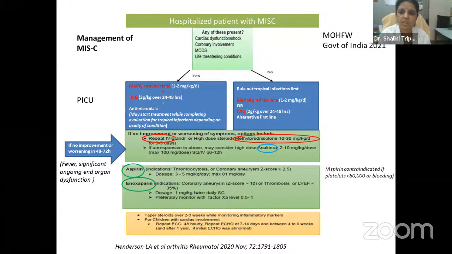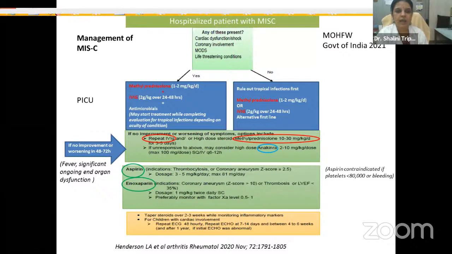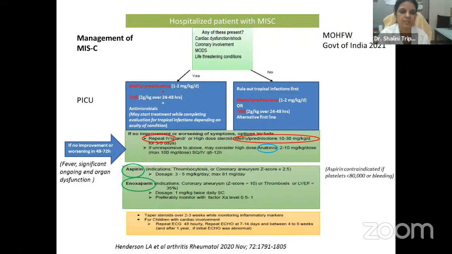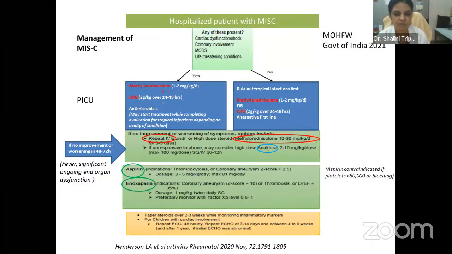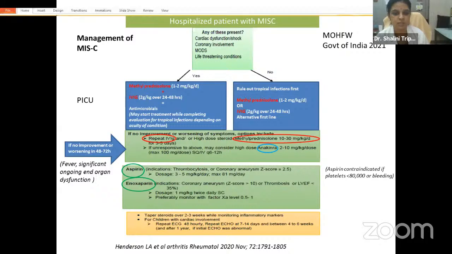Usually we give 20 milligram per kg per day for around 3 to 5 days, supported by the other supportive management. It is also written in this algorithm that if the patient is unresponsive to this management, we may consider anakinra, an anti-interleukin drug, the availability of which is very difficult, but it can be tried if the patient is not responding. The dosage is 2 to 10 milligram per kg per dose, subcutaneously or IV, 6 to 12 hourly.